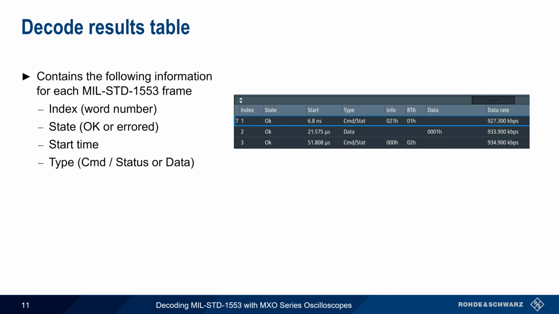The type of word, command, status, or data, is shown with the frame information and the RT address. Note that the parity bit is not explicitly shown, but parity errors will be indicated in the state field. For data words, the data field is shown in the user-selected format, and the data rate of the word is also displayed.